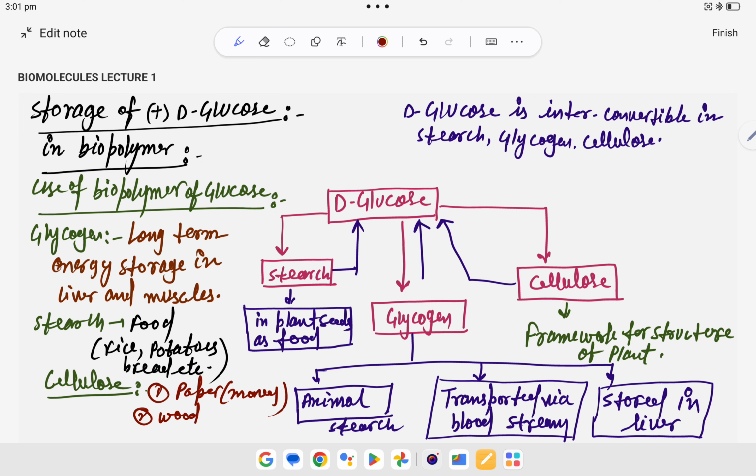Wood is used in shelter, furniture, and cotton for clothes. Okay, so from cellulose we are preparing paper, money also is prepared, economic growth, wood, shelter, furniture, cotton for clothes. So this is all about glucose.